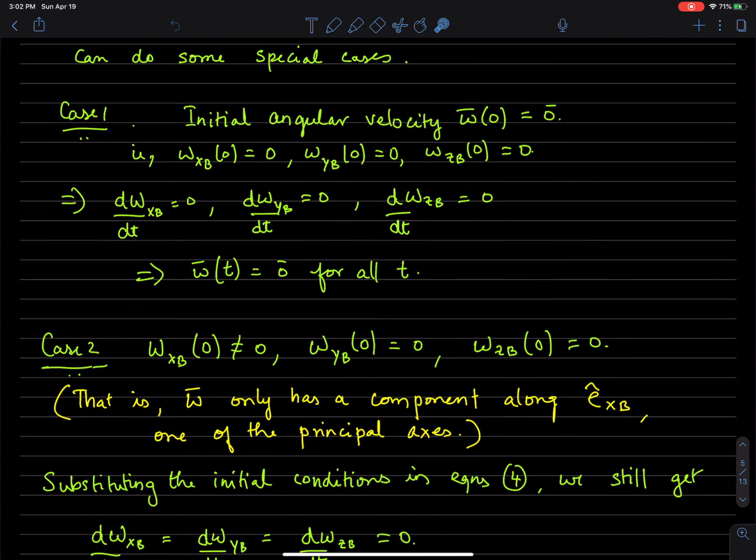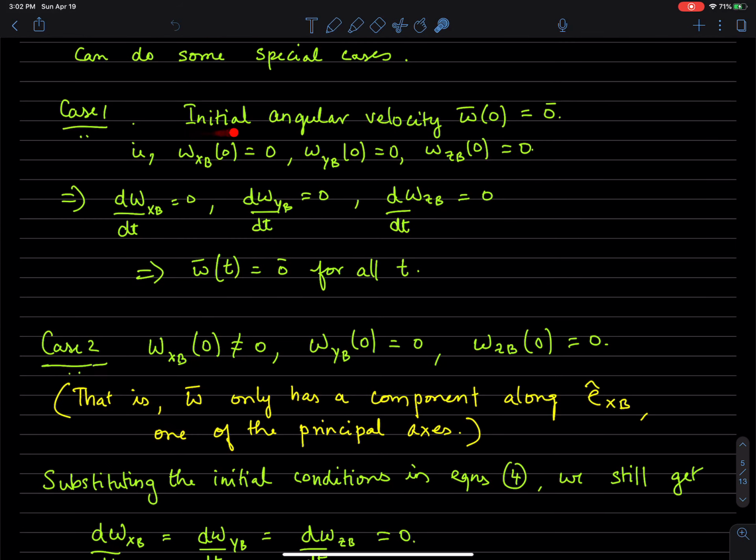We're going to look at some special cases. So case number one, let's say the initial angular velocity is 0, omega is 0 initially, which means that omega xb is 0, omega yb is 0, omega zb is 0 at time t equal to 0.